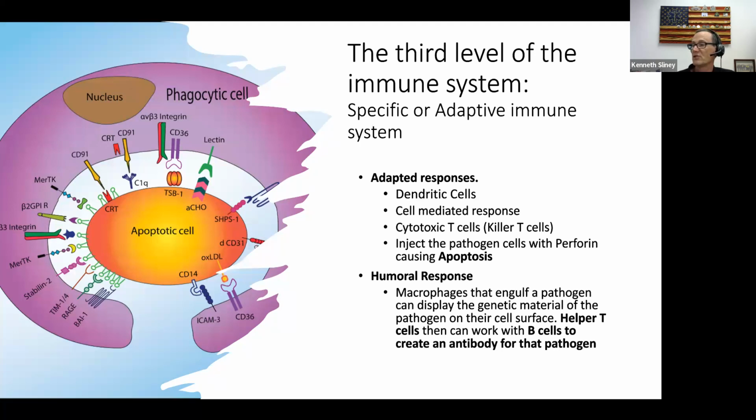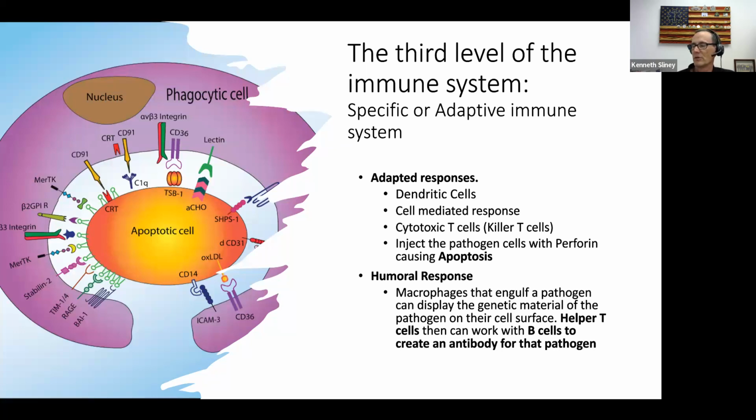They do this by injecting the pathogen with a protein called perforin, and this causes apoptosis. If you remember back to medical terminology, that means that it basically self-destructs the cell. So that's the adapted response.